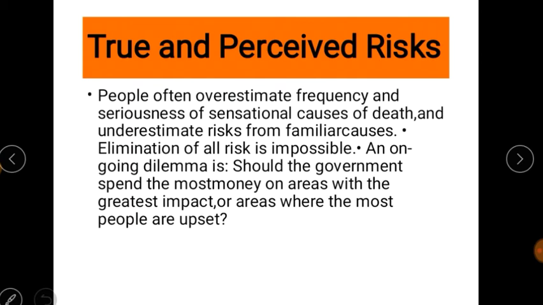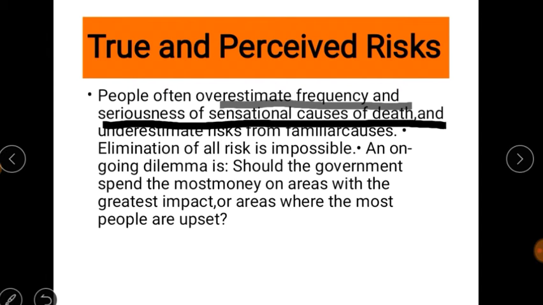True and perceived risks. Perceived risk is different and true risk is different. People often overestimate frequency and seriousness of sensational causes of death and underestimate risk from familiar causes. Elimination of all risk is impossible.